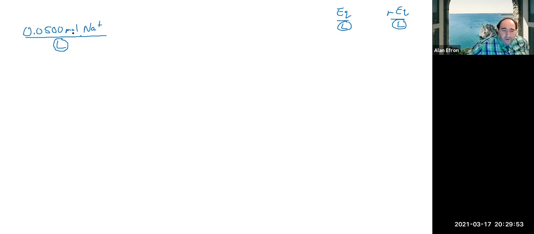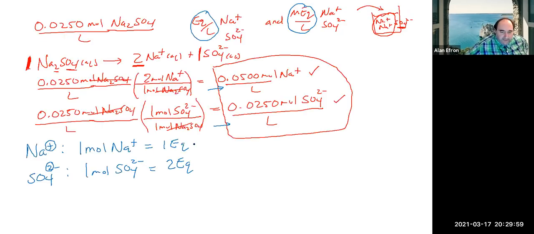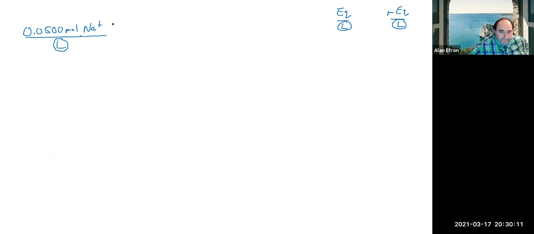We need to change the moles to equivalents. So as we saw on the previous page, we could use this conversion to do that. What we're doing really is a conversion factor to go from moles to equivalents. Based on that, 1 mole of sodium ions gives me 1 equivalent.